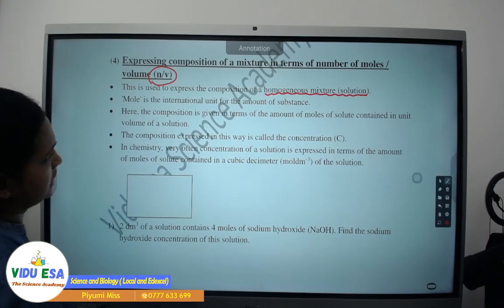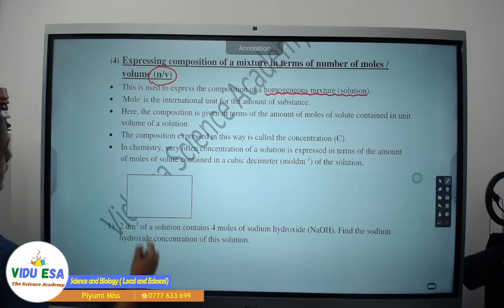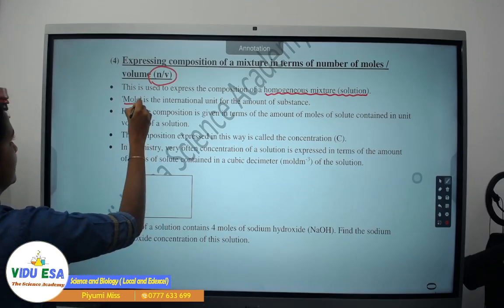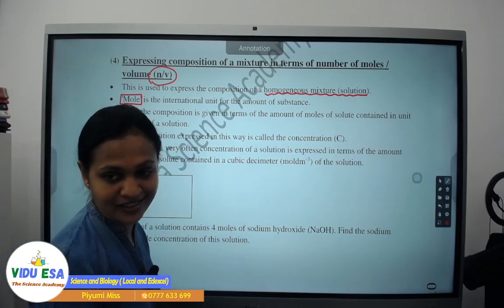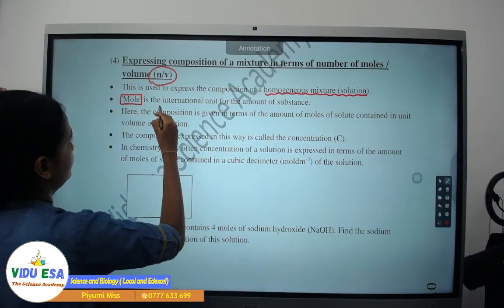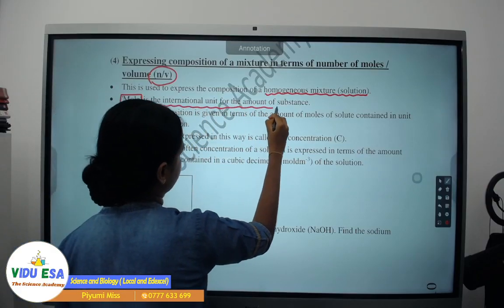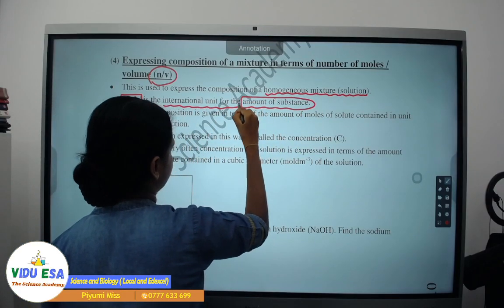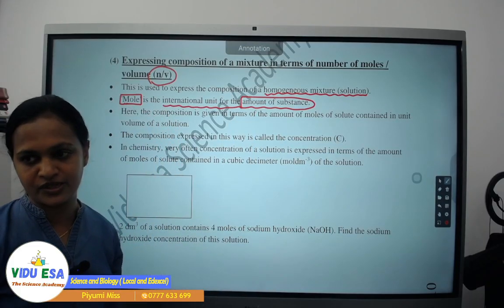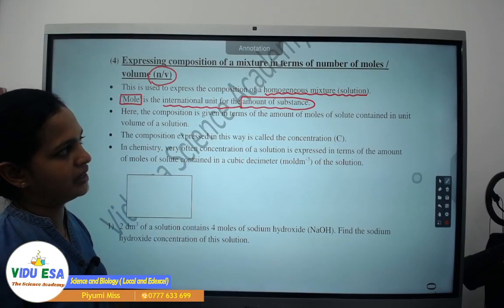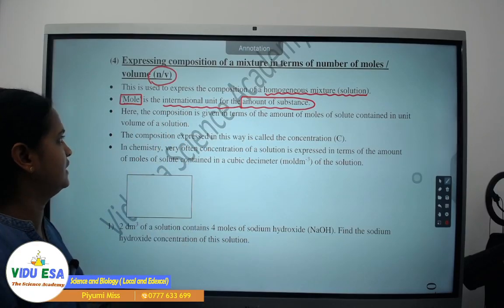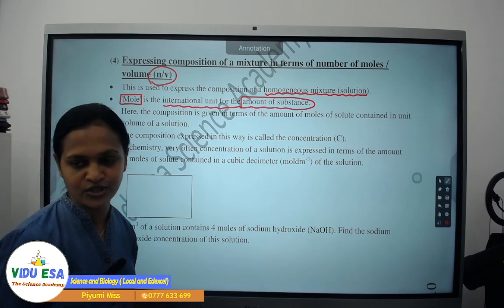The composition is given in terms of mole. You know the term mole. You have calculated the number of moles. It is the international unit of measuring the amount of substance, right? The composition is given in terms of amount of moles of solute contained in a unit volume of solution.